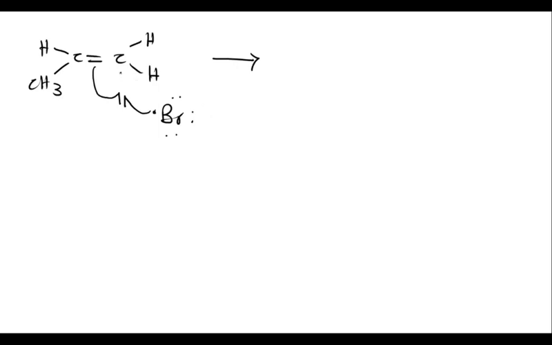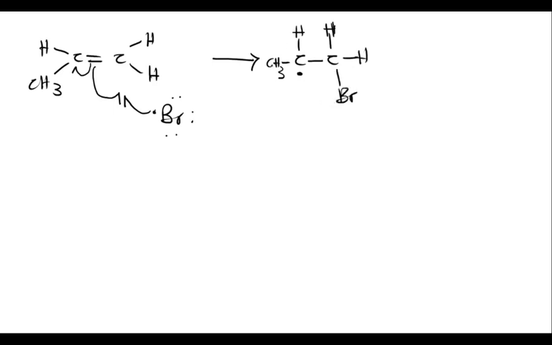Now because this carbon is the less substituted carbon, the bromine will be attached to this carbon, so the other electron that is within this bond will not be attracted to the most substituted carbon. So we are going to have this, then we have our CH3, then we have the radical on the most substituted carbon over here, then we have a single bond, then we have the H over here, hydrogen here, then we have our bromine over here.